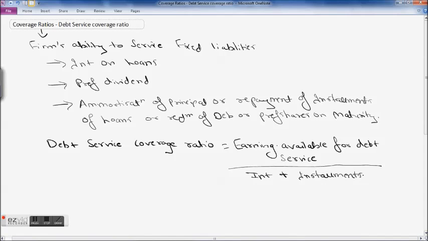Earnings means your earnings in your profit and loss account. Earnings available for debt service divided by interest plus installment of the loan. Earnings available for debt service means the earnings for that specific period which are available for your debt service.